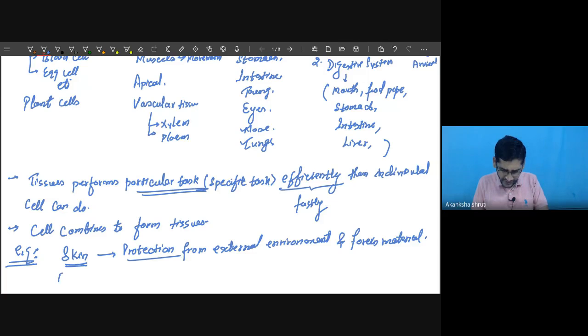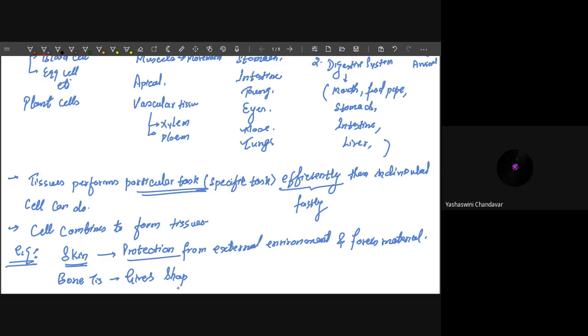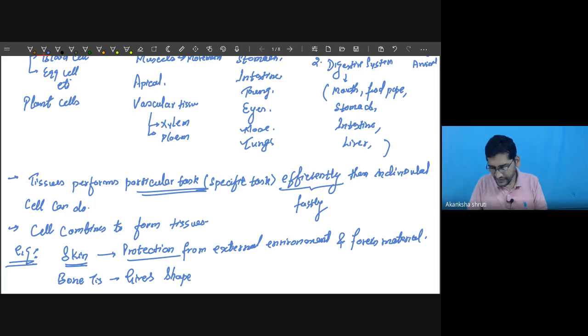Like if we consider the bone. Bone tissue, what is the task? Yes, students, it gives shape or a structure to the organism.